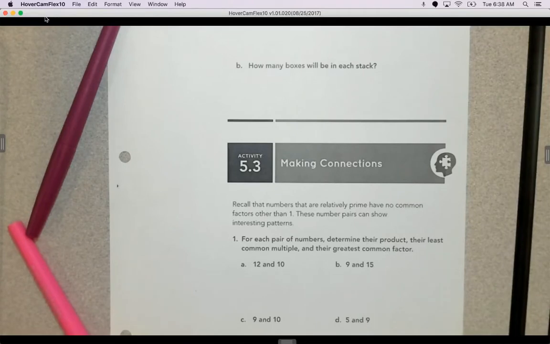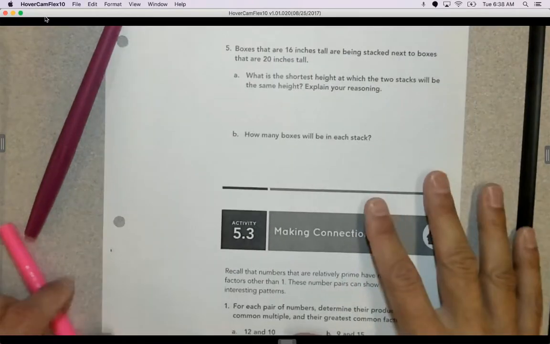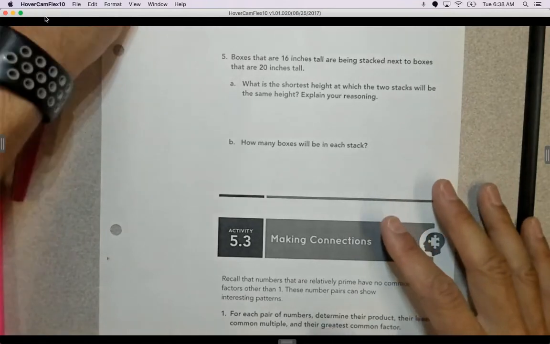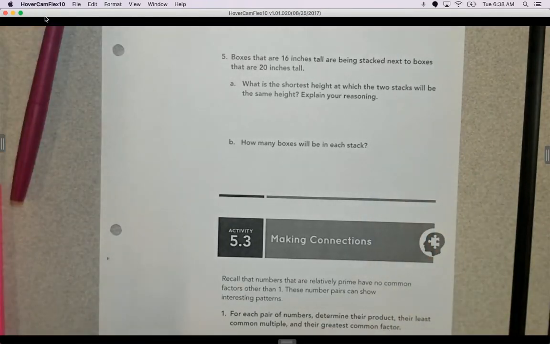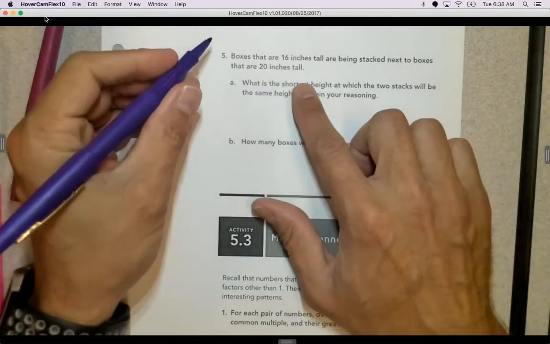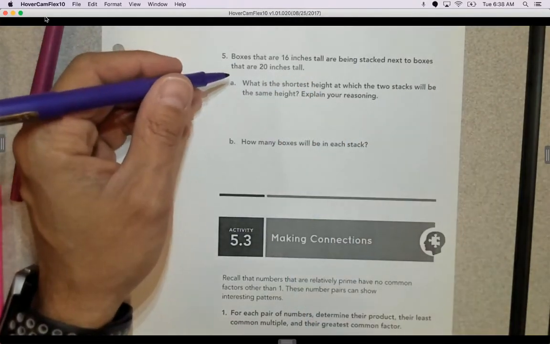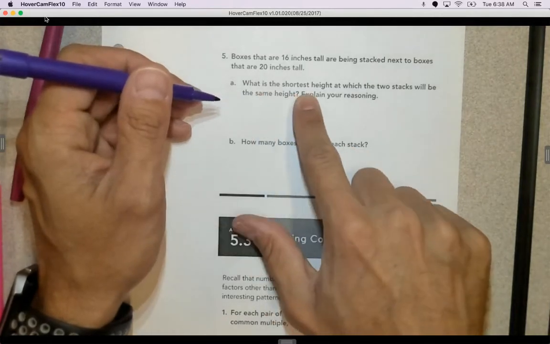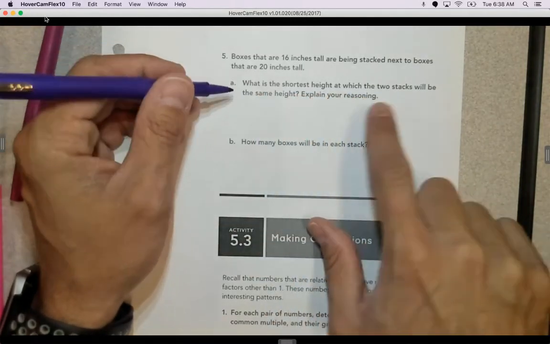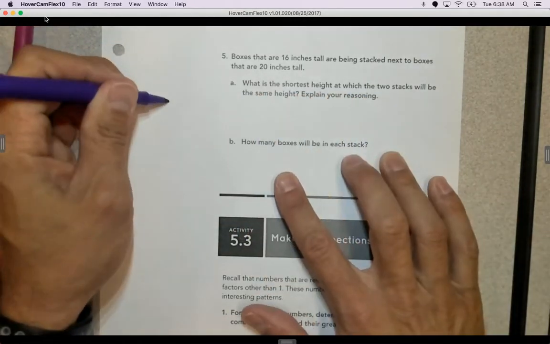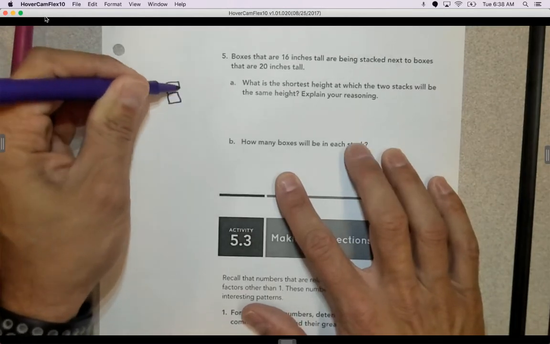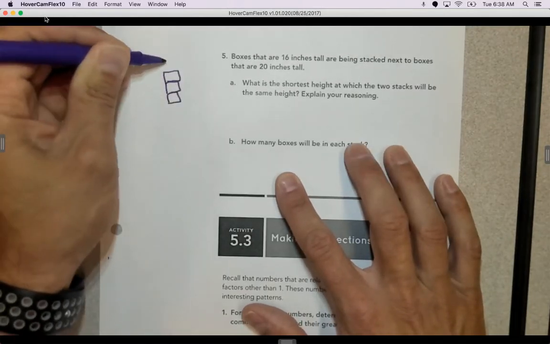All right, so number 5 here, boxes that are 12 inches tall are being stacked next to boxes that are 20 inches tall. What is the shortest height at which the 2 stacks will be the same height? So we're stacking. Since we're stacking, we're adding more.